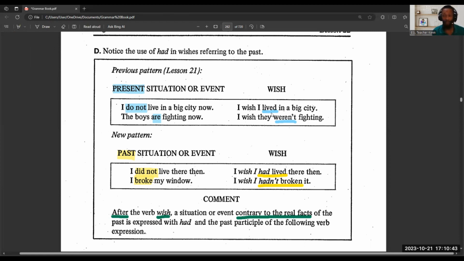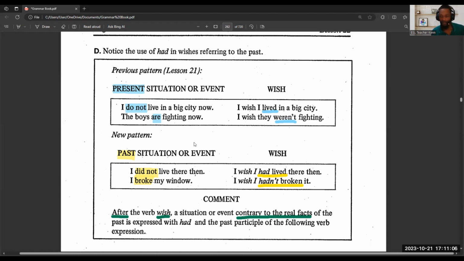And what we're going to learn now is that if the situation is in past, we're going to wish for the contrary in past perfect. We're going to use had, and we're going to use the verb in past participle, okay?